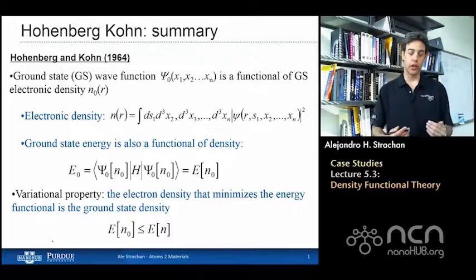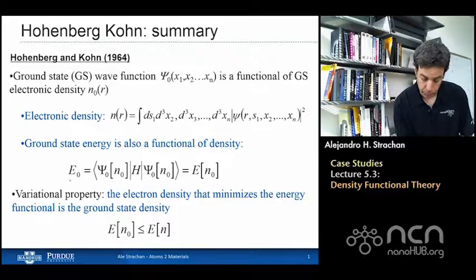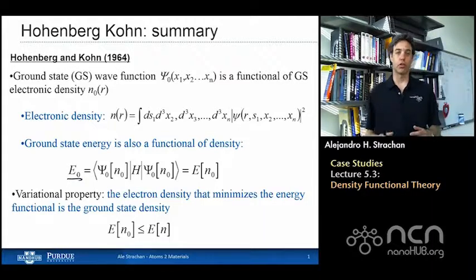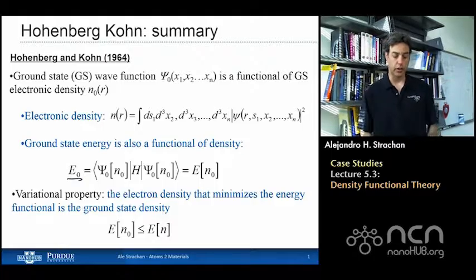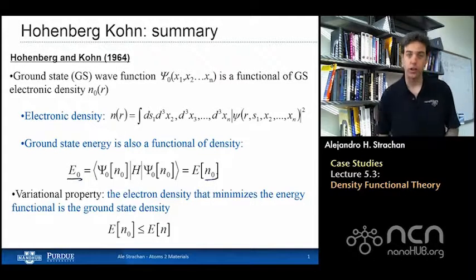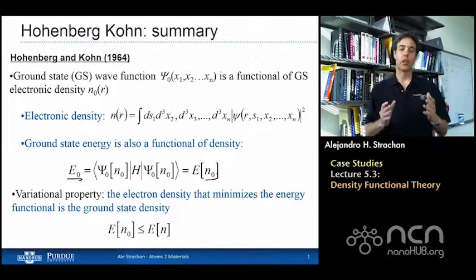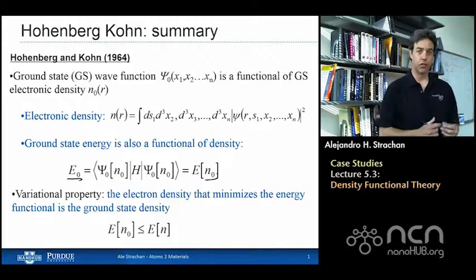Of course, it then follows that the ground state energy is also a functional of the ground state density. So if I know the ground state electronic density, in principle, the ground state energy is a functional of this density.